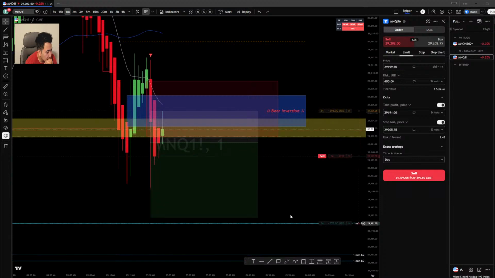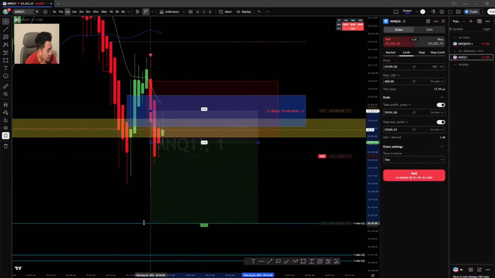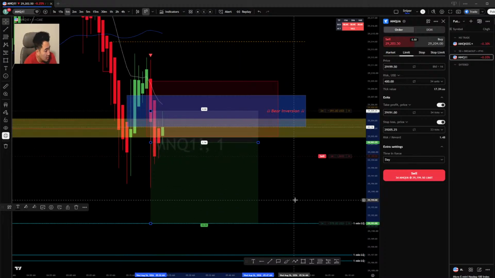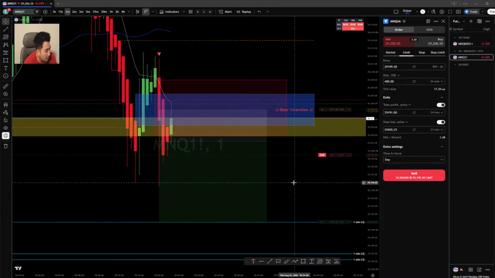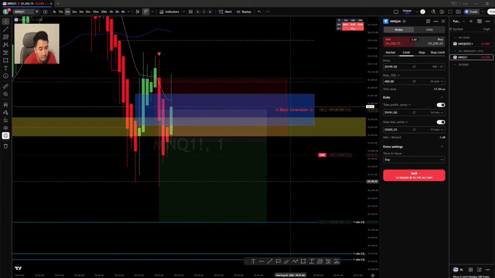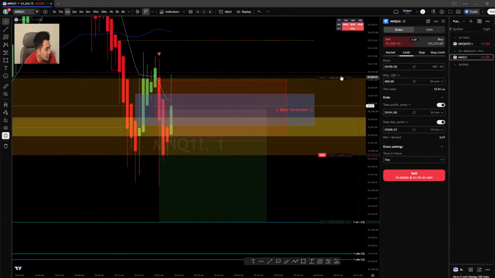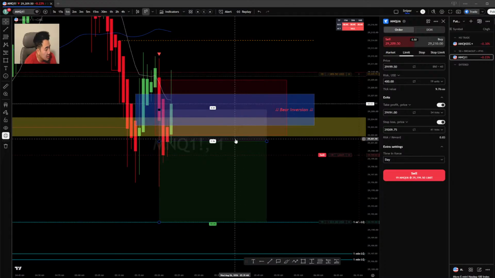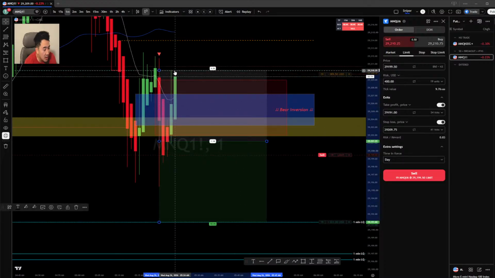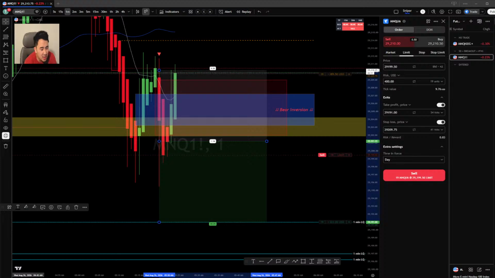TP is gonna be down here at this first liquidity level. I'm just gonna keep adjusting this here until I see whatever needs to pop up.